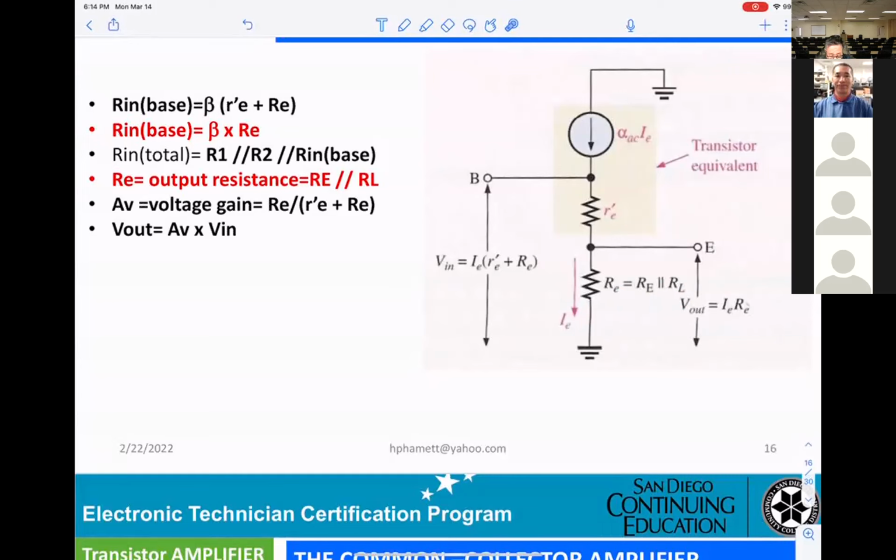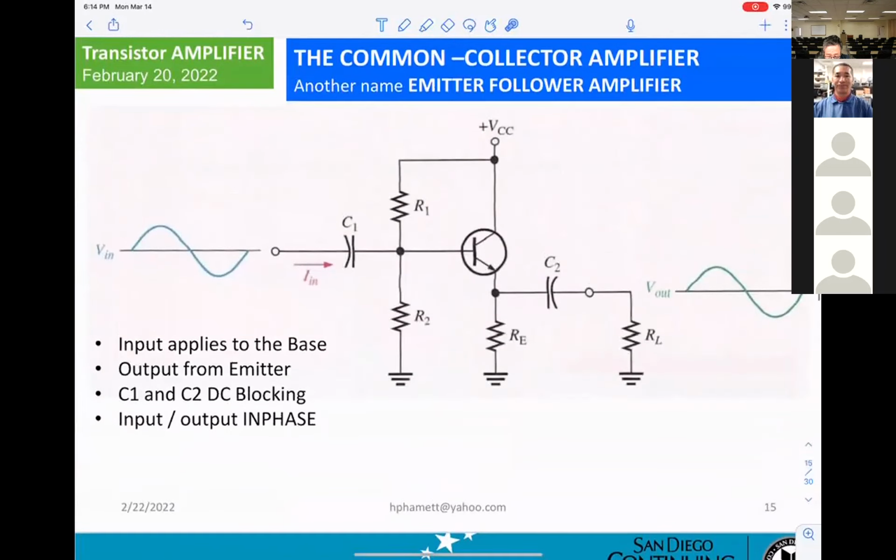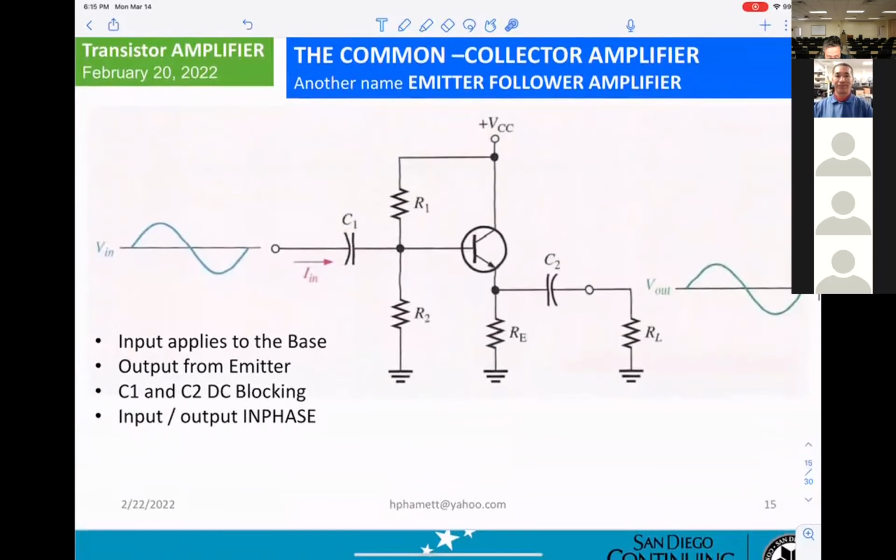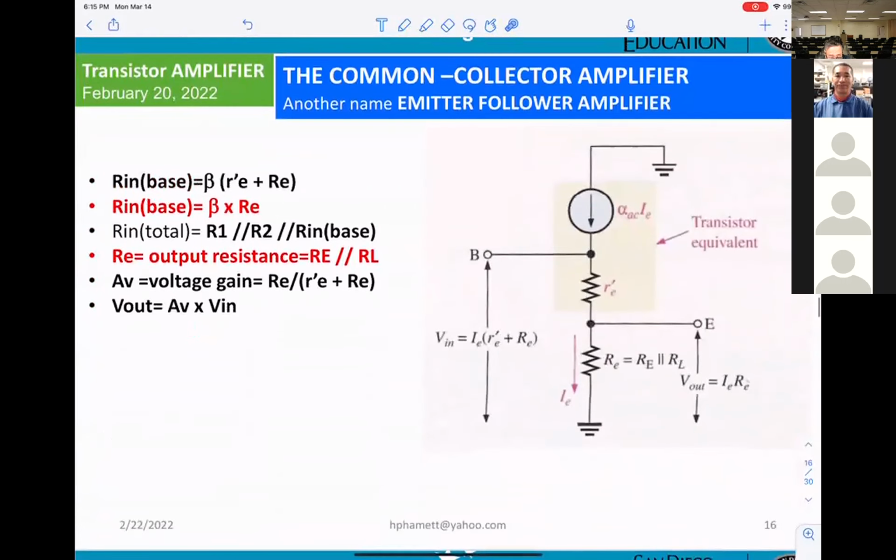Okay, and R in total. So basically, R in total, you can get how many? This one parallel to this one, and also parallel with R in base. So that's why in here, R1 parallel R2 parallel with R in base.